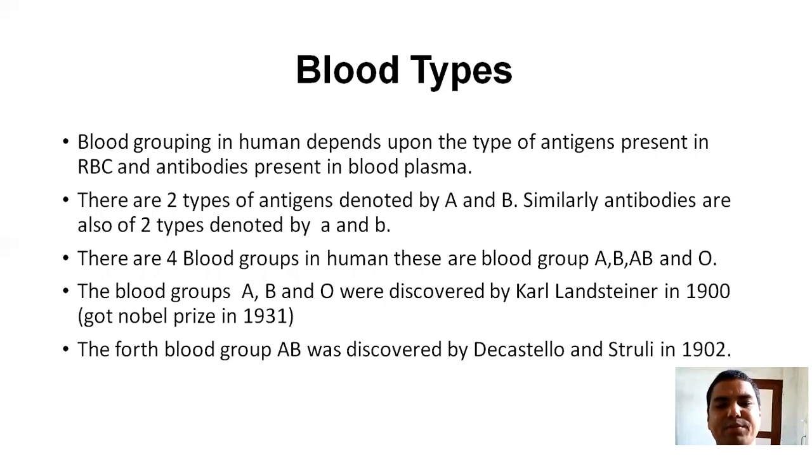These are blood group A, B, AB and O. The blood groups A, B and O were discovered by Karl Landsteiner in 1900. He also got the Nobel Prize in 1930 for this blood grouping discovery. The 4th blood group, AB, was discovered by De Castello and Sturli in 1902.